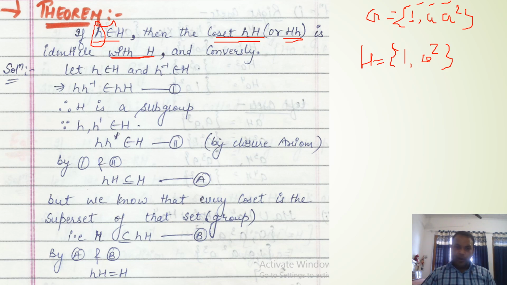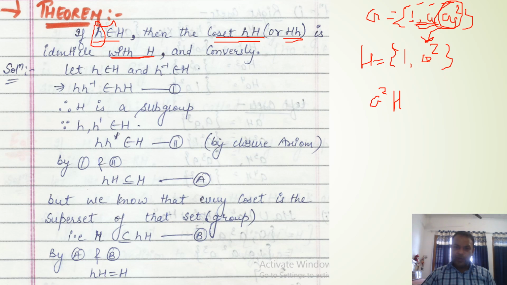But in this problem, if we take any element from G which is already available in H, let us suppose I am choosing A square, and I want to write A square H. I am taking this element in this style, that the element by which I want to create the coset is already available in this set H.